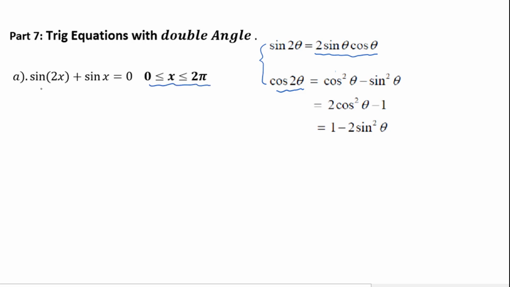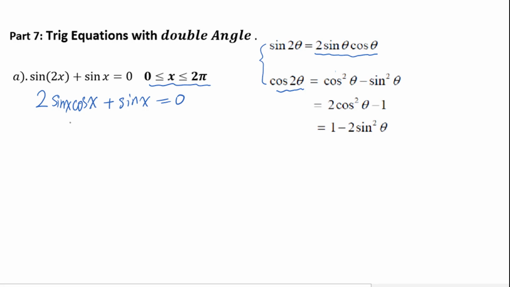You need to know which formula to use for specific trig equations. For A, sine 2x will turn into 2 sine x cosine x, plus sine x equal to 0. For sine x cosine x, you can count this as a quadratic pattern.